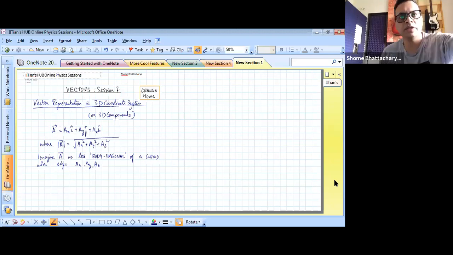This is what we're looking at. I see 3 or 4 people have just joined in. We've just started reviewing what we did in the last lecture, towards the end, which was the representation of vectors in three-dimensional component form.